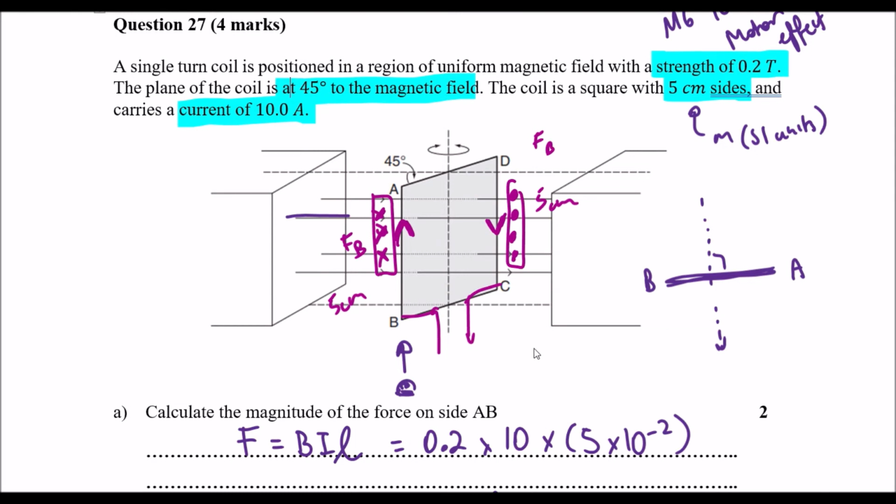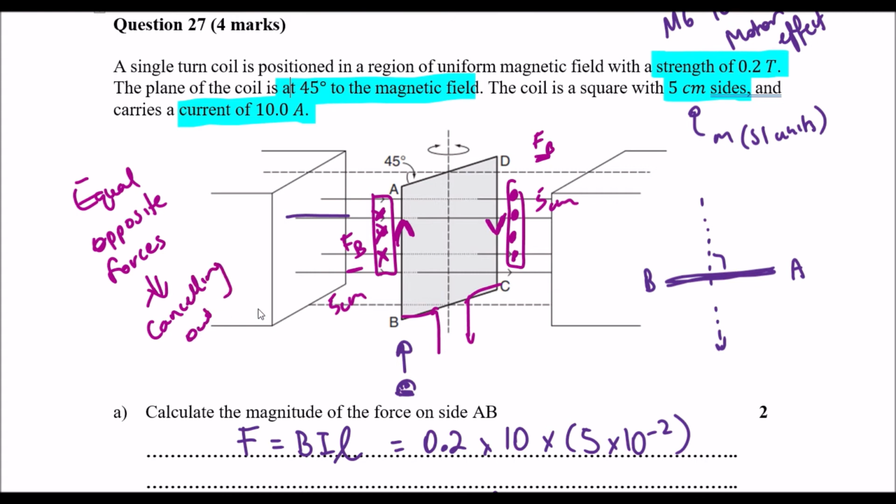Now, if you think about it, they're two opposite forces. However, we already stated that the force that they experience is the same. So equal opposite forces. So I'll just write that down. Equal opposite forces leads to cancelling out.